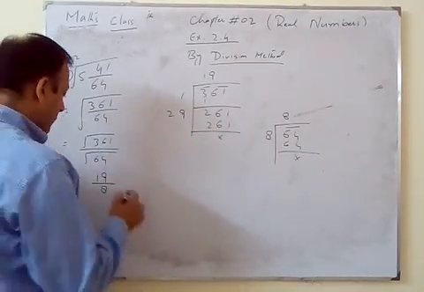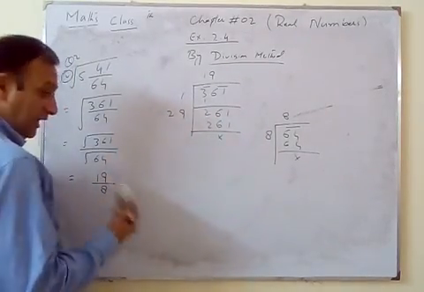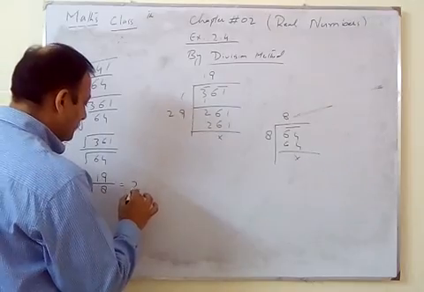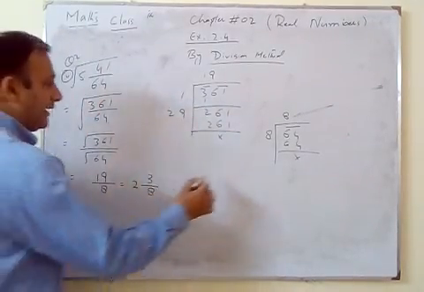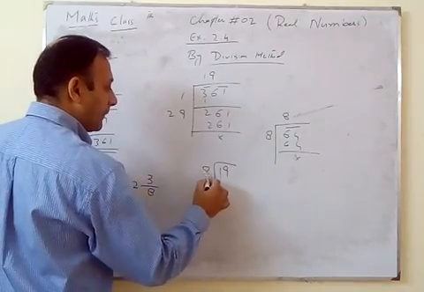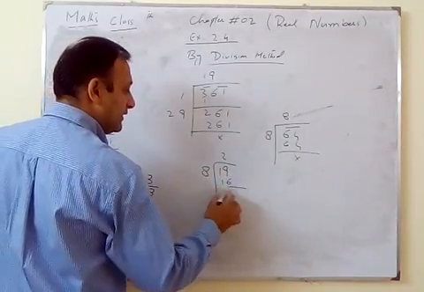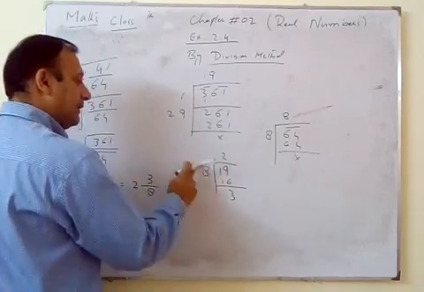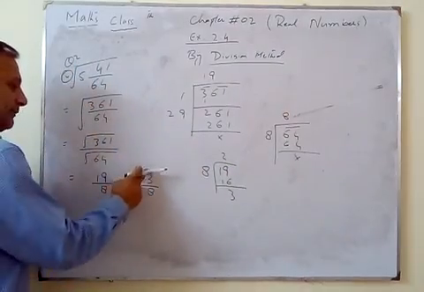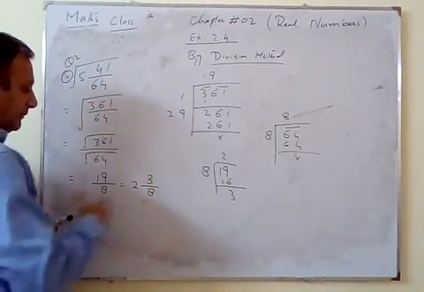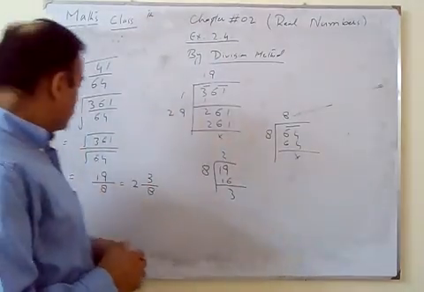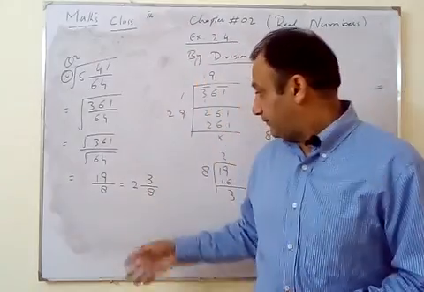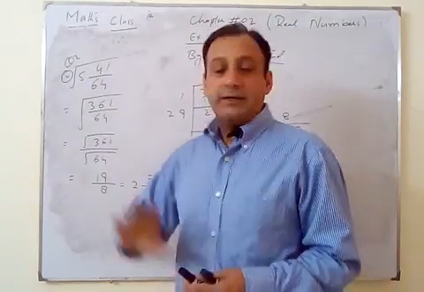When we convert it, we get 2 whole 3 by 8. Divide it simply: 19 by 8, 2 times 16, remainder 3. So 2 whole 3 by 8. When you multiply it, 8 twos are 16 plus 3, 19, 19 by 8. So this was the compound fraction answer.